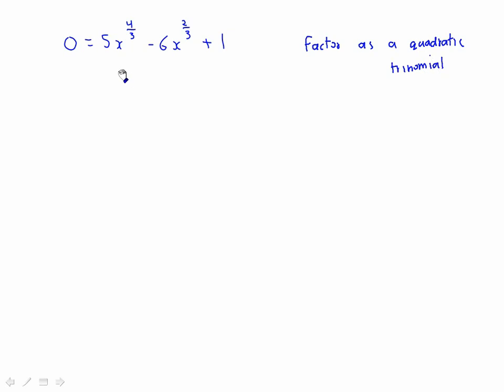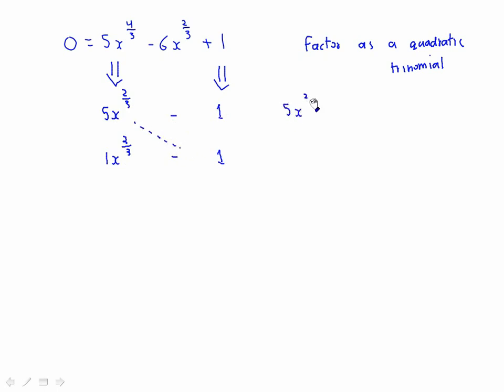You could make a substitution. Some people do, but I'm going to break it down like this. I'm going to take that first term and note that it would break down into 5x to the 2/3 times 1x to the 2/3, just as a regular quadratic. I'll show you the substitution afterwards if you prefer. Then I break the 1 down into 1 times 1, and both of those terms would be negative in order for them to multiply to positive.